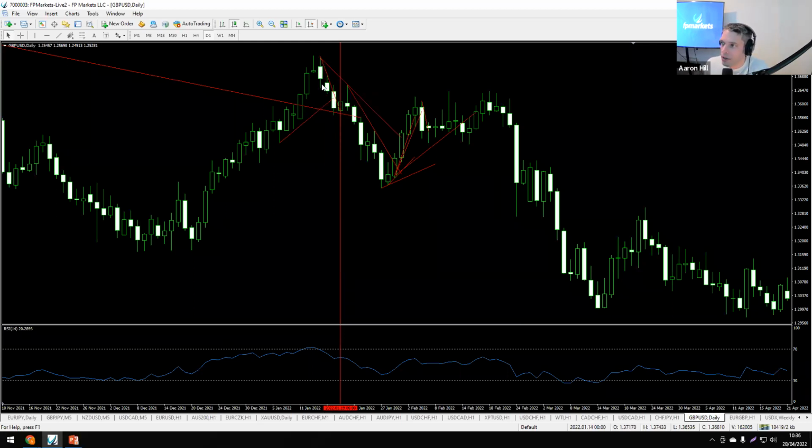So the extremes are not taken into consideration. It's just the real bodies. And as you can see, open, close, we've engulfed the previous real body of the shooting star. So we not only have a bearish indication there, we have another bearish indication there, and that followed off with a move to the downside.